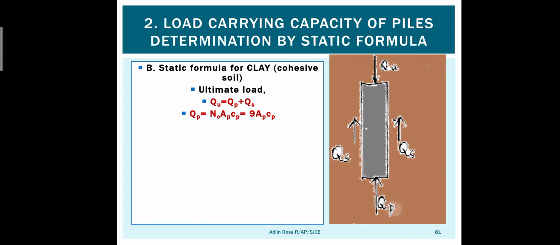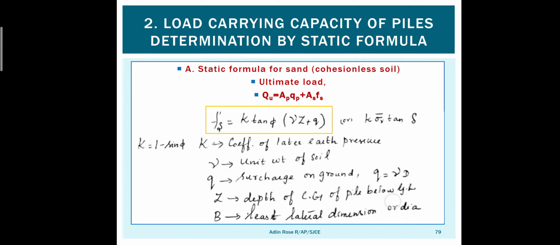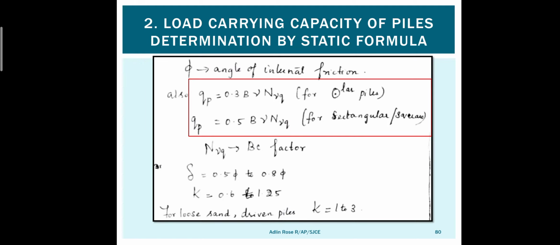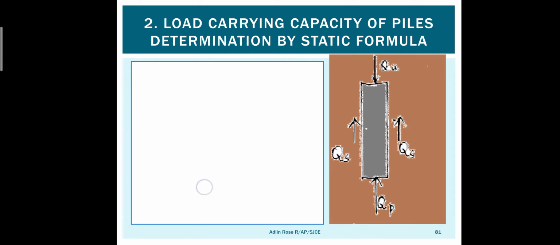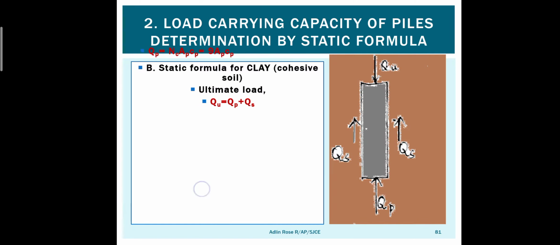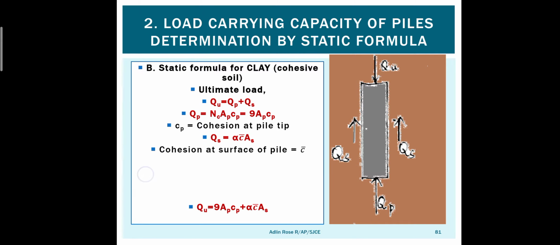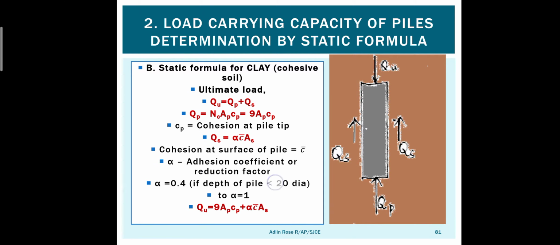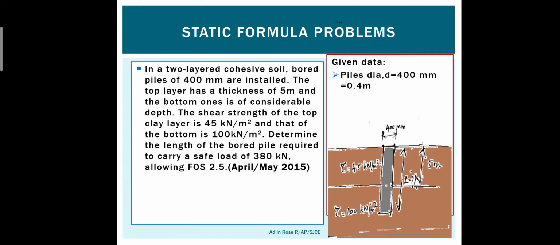This is for clay soil, 9 CpAp plus alpha C by S. When you take a sandy soil, we saw QP is equal to what? 0.3 B gamma N gamma for a circular pile. For other piles, it is going to be 0.5 B gamma N gamma. So that is the formula we are using here since it is the sandy soil.